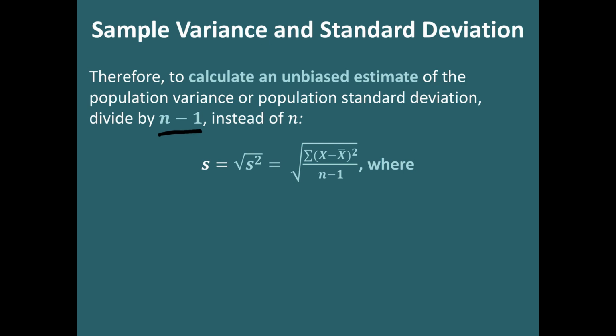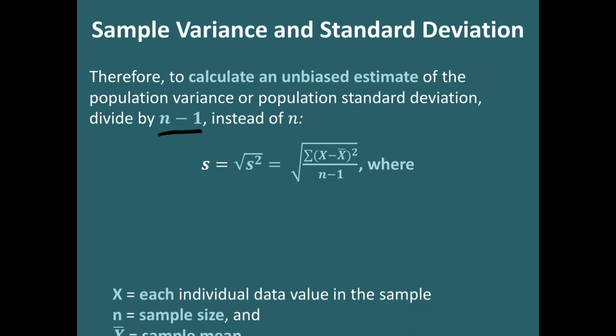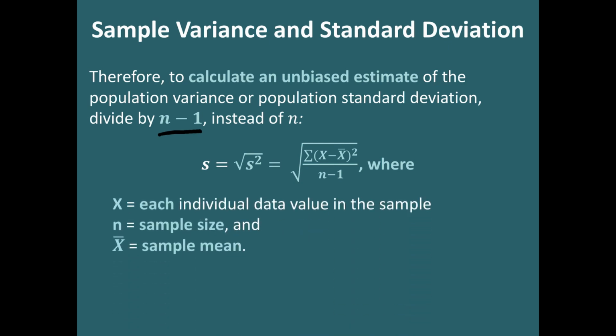Again, this is known as sample standard deviation, indicated with lowercase s, where x represents, again, each individual data value in the sample, lowercase n indicates the sample size, and x bar indicates sample mean. Thus, the sample variance is s squared, and simply we square both sides and get the following formula.